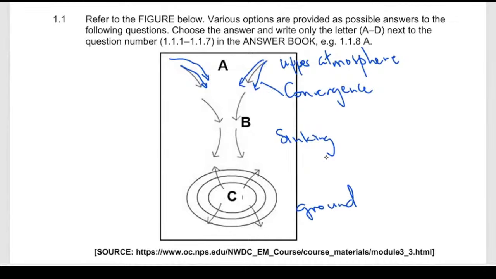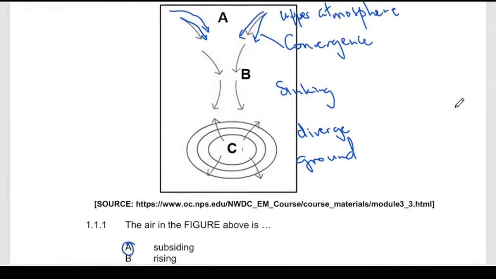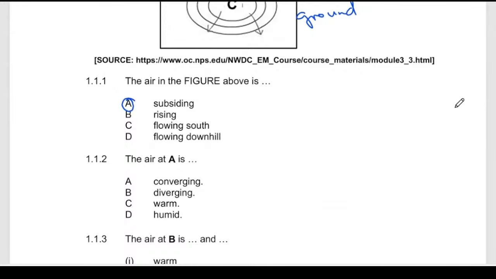The air comes towards each other, and as it comes together, it ultimately has to subside, as suggested by B. When the air gets to the ground, it tends to diverge. So in the upper atmosphere there's convergence, then the air sinks, and ultimately it forms a high pressure cell where the air diverges. For number 1.1.2, our correct response is A, convergence.